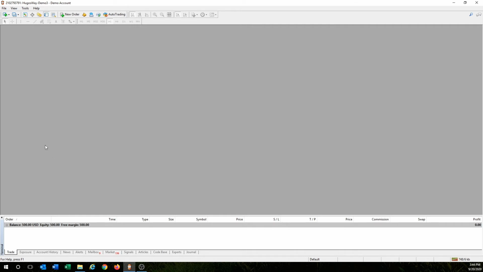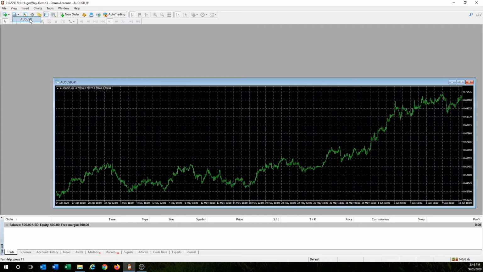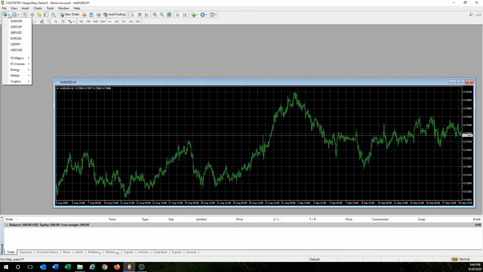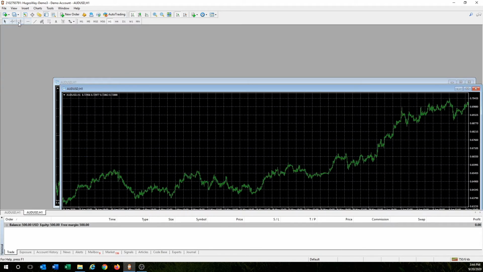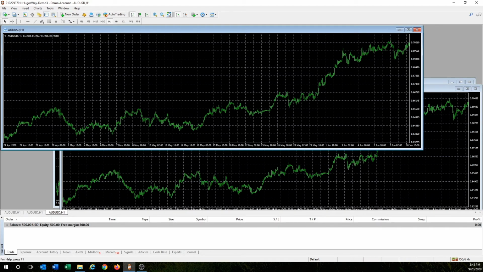So now let's get into actually looking at the chart. We're just going to go File, New Chart, AUD USD. We could also go through this little button here, AUD USD. That was another way to do it. Or we can go to FX Majors, click there. And then again, I told you about this little tab here, this middle one.